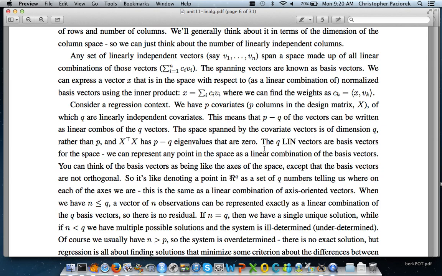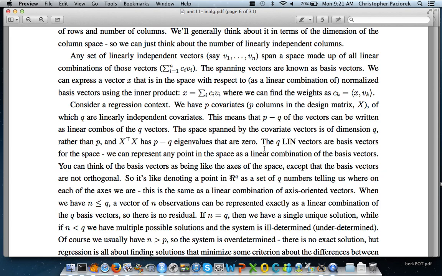So with these vectors, I can span a space of dimension q, just like here I was spanning a space of dimension 2. And we can think of these as basis vectors. The same idea as I was saying here is they don't have to be orthogonal to each other, although in, say, an ANOVA context they might be orthogonal to each other. But I can still span this q-dimensional space.